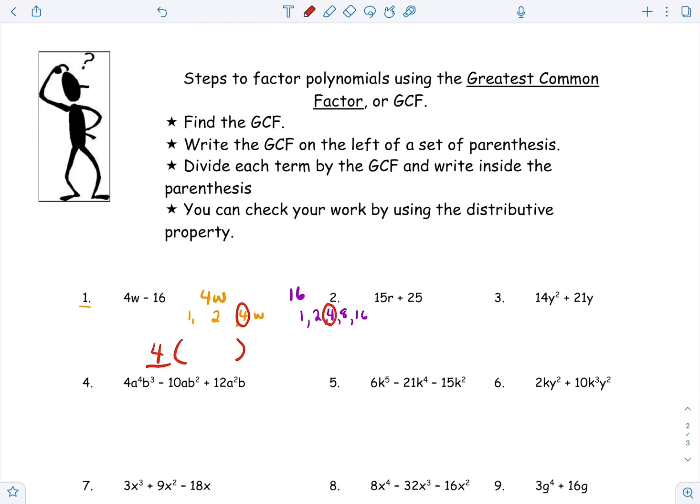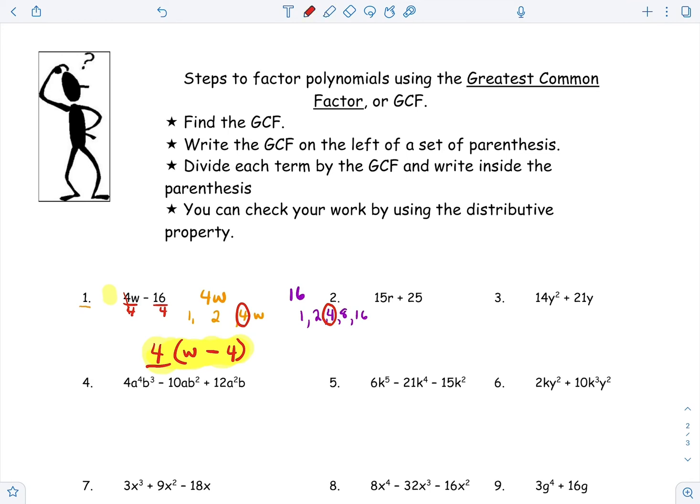And what's going to remain is what happens when we take that 4 and divide each term by it. 4w divided by 4 leaves us with 1w, so that's what we're going to put right here in the parentheses, minus 16 divided by 4 here. That's 4. Whoop, there it is. And this is what we would call the factored form of this polynomial right here.